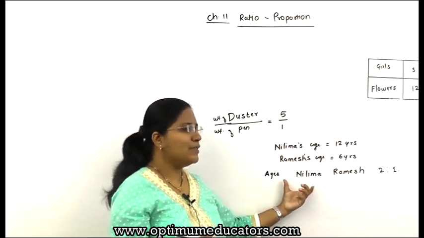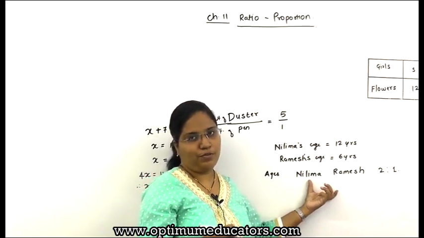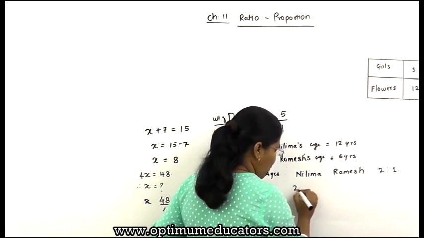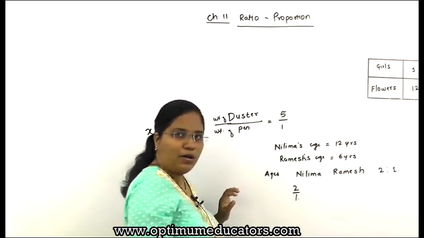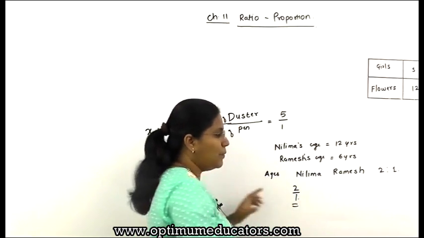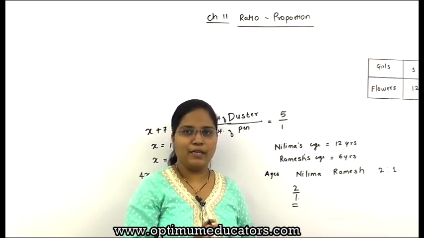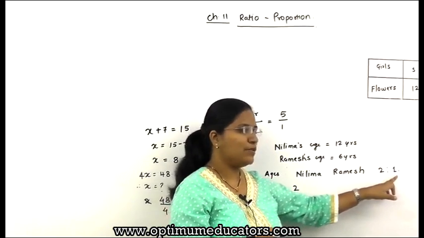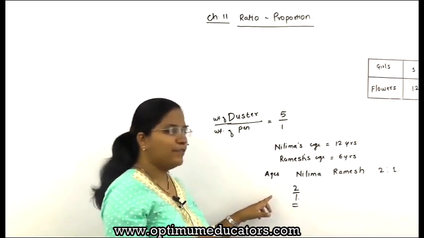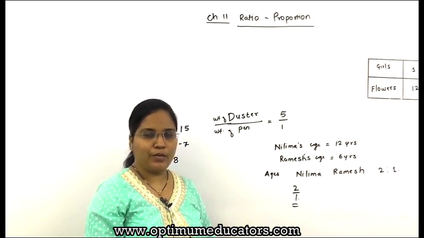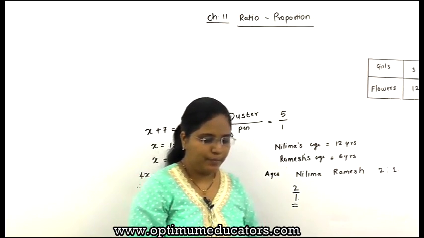So this is what ratio or proportion is. Their ages are in ratio 2:1 or they are proportional 2:1. Either way it could be said. They are in proportion 2:1 or the ratio of their ages is 2:1.